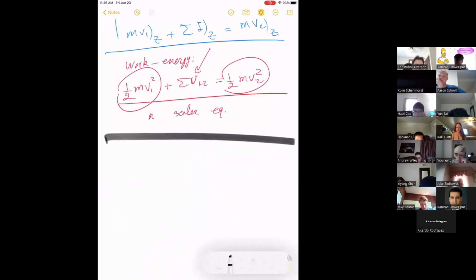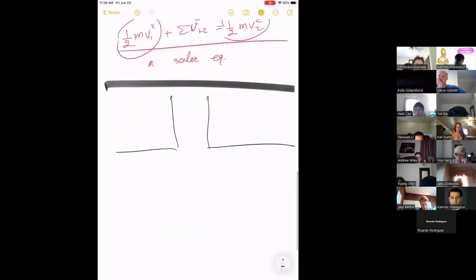If I redo that again, let's say this is the street, right? You have one car coming here with velocity v1 and mass m1. One car is coming here, right, with velocity v2 and mass m2.